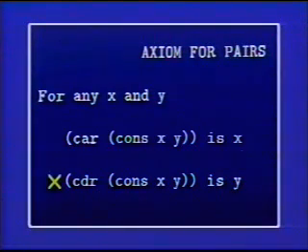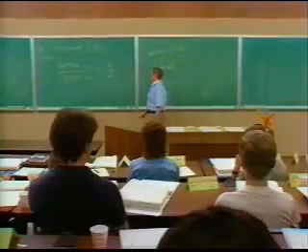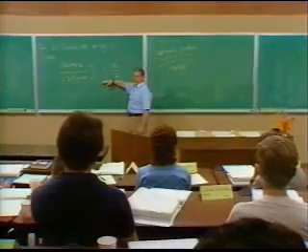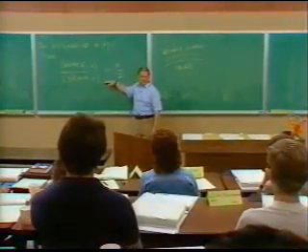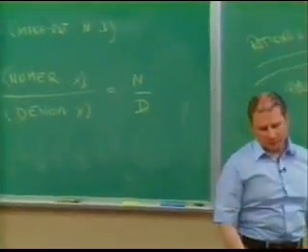And if I build cons of x, y and take cdr of it, I get y. Even though I lulled you into thinking there's something in Lisp that does that, so you pretended you knew what it was, I didn't tell you any more about pairs than this tells you about rational numbers. It's just some axiom for pairs.